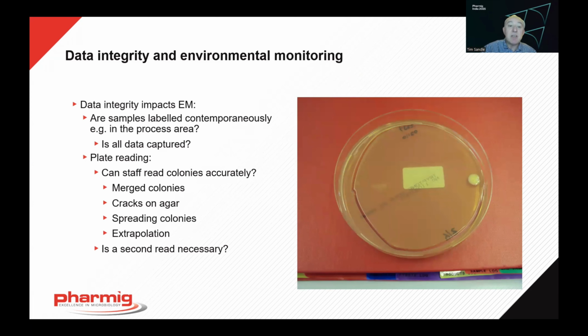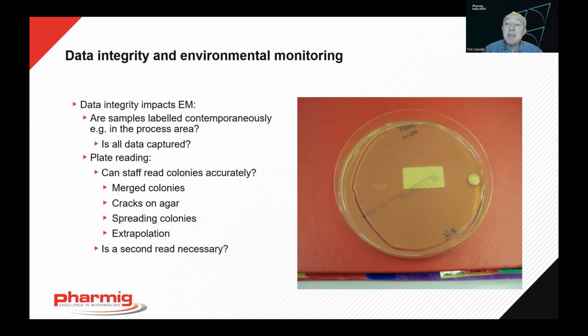Now, data integrity. Data integrity is really important when we're discussing environmental monitoring. We need to make sure that we're labelling our samples with all the required details whilst we're in the area. We need to make sure that the people who are counting colonies know what they're doing. Can they tell the difference between two merged colonies, for example?